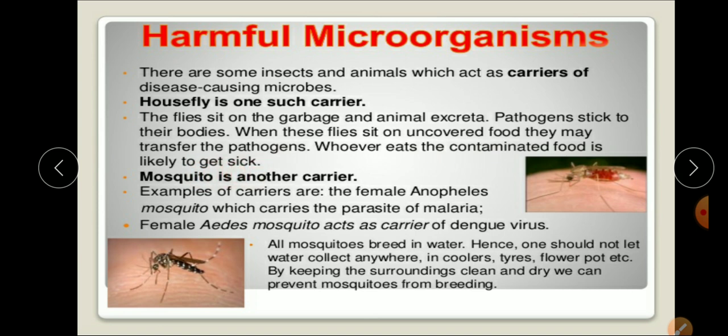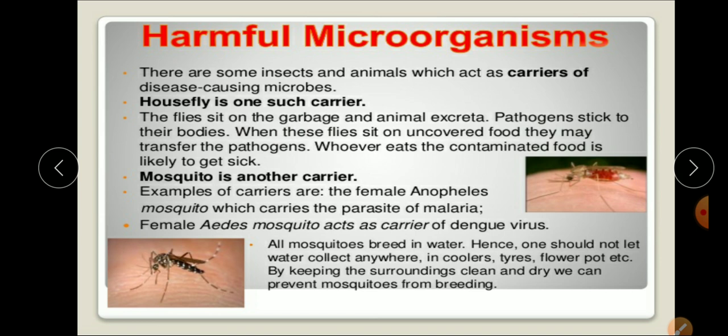What happens when this housefly can carry those diseases, isn't it? How? When these flies sit on the garbage or the animal excreta, right? Gobar, whatever it is. So when those pathogens stick to their bodies, and those flies sit on uncovered food, they are carried with what?